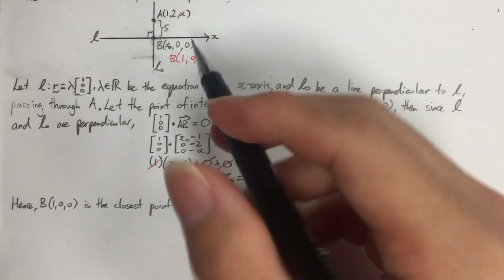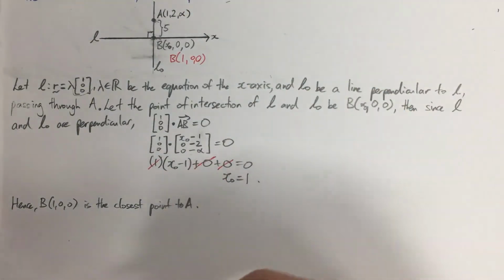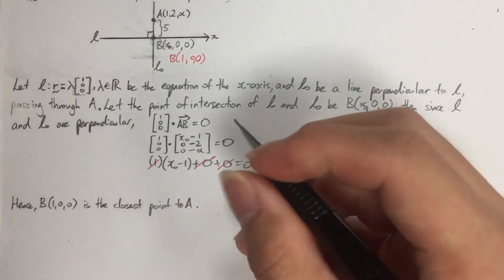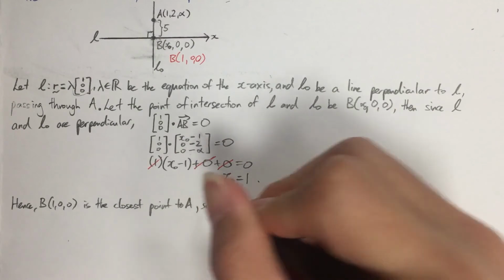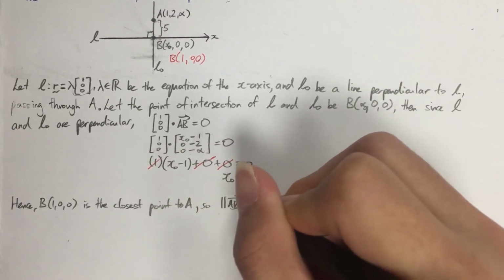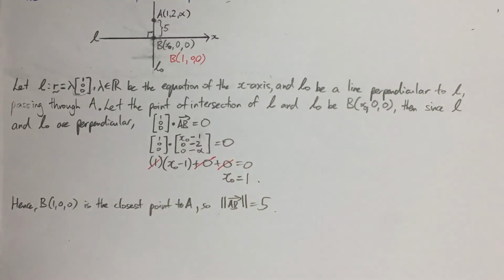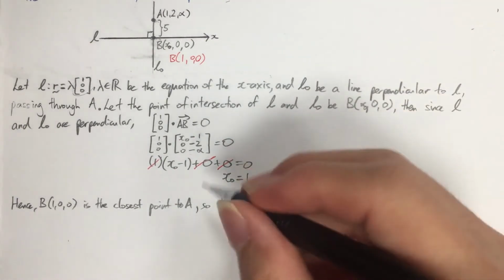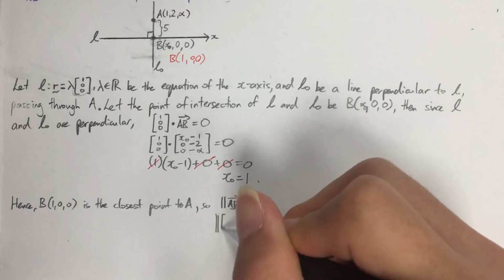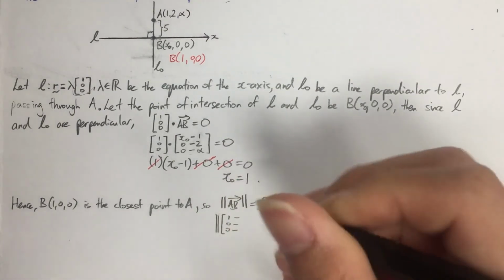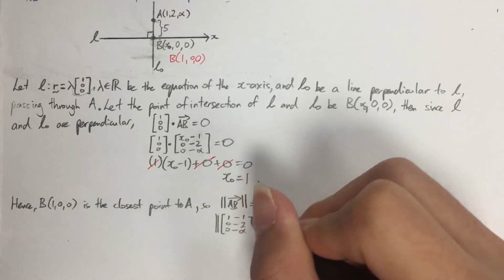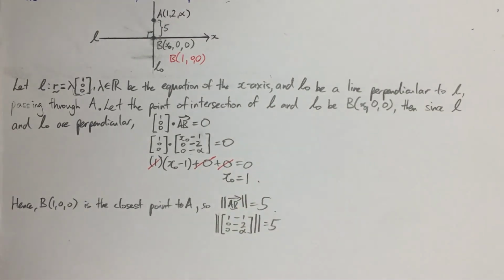You can see it from the diagram, and in fact the question says it already. So the length of AB is 5, and the length of AB is not too hard to figure out. AB is OB minus OA, but we know B is (1, 0, 0) and A is (1, 2, alpha), so this thing must equal 5. Agree?